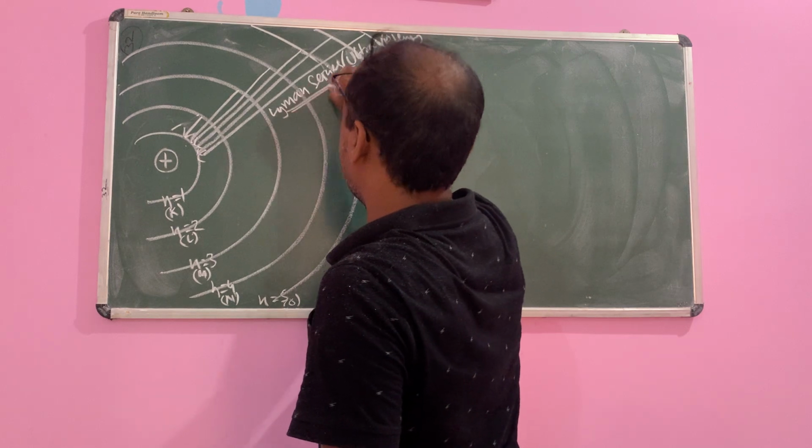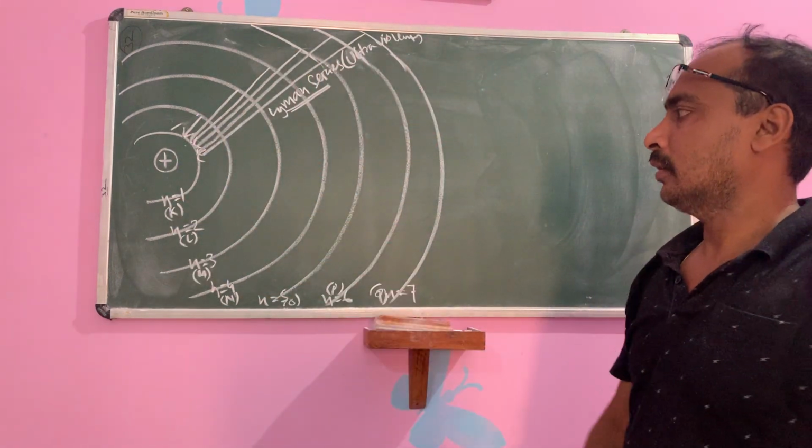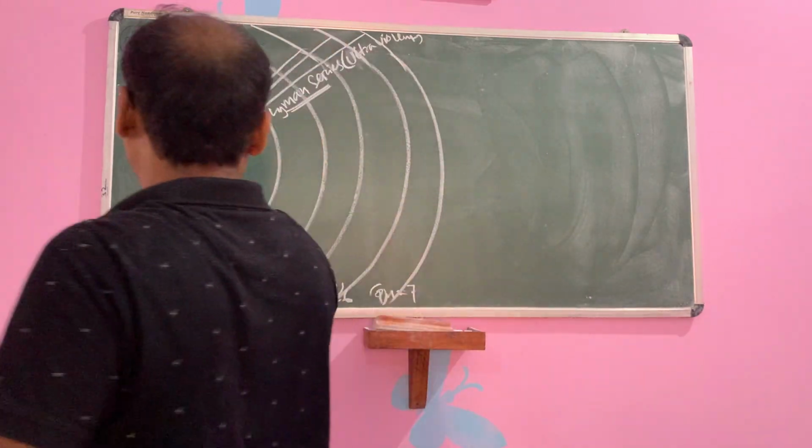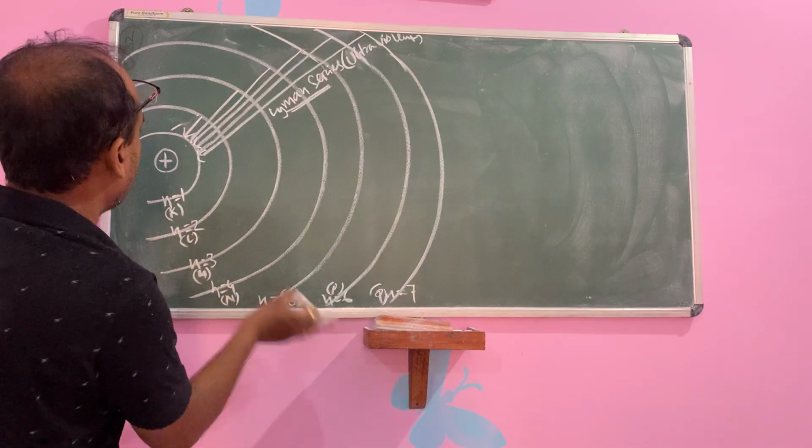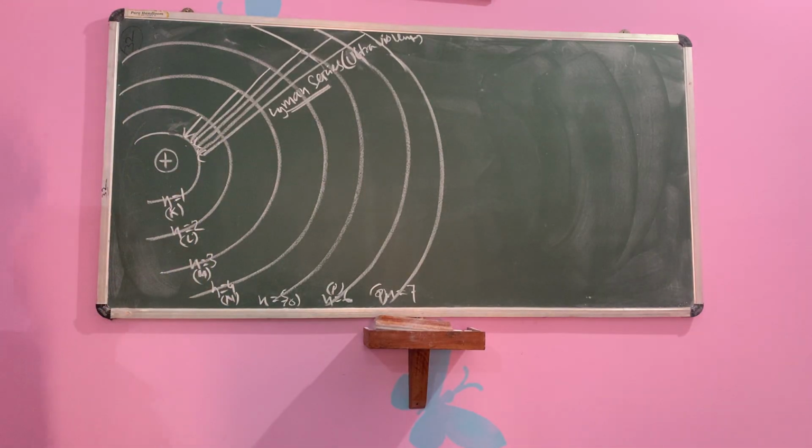This is your Lyman series. The first series is 2K. 2K means L to K, M to K, N to K, O to K, P to K, Q to K, like this. 2K means Lyman series.